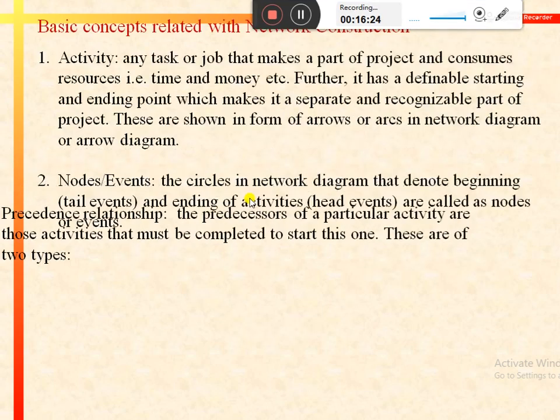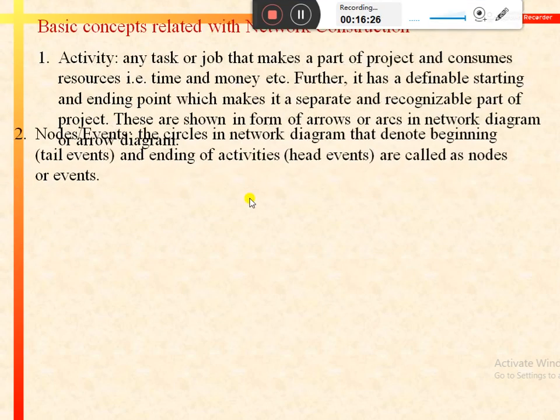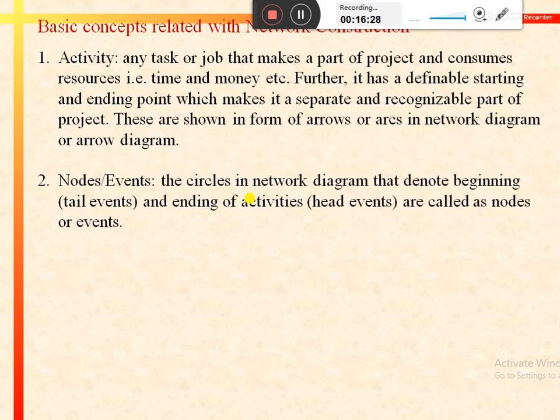The second such basic concept is the nodes or events. Basically, nodes or events are represented in the form of circles in a network diagram, and the nodes and events denote the beginning and ending of activities.